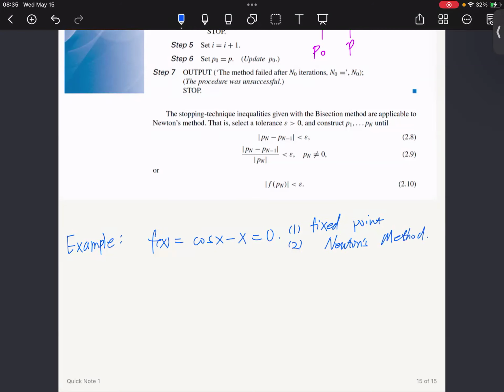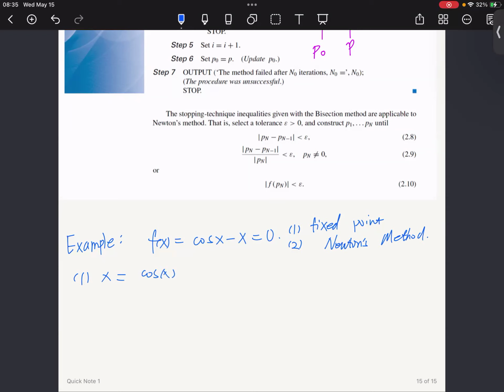If we want to translate this to the fixed point methods, it is so easy to see. We can set g to be cosine x. We can do a transformation of the function and let it be x equals cosine x.